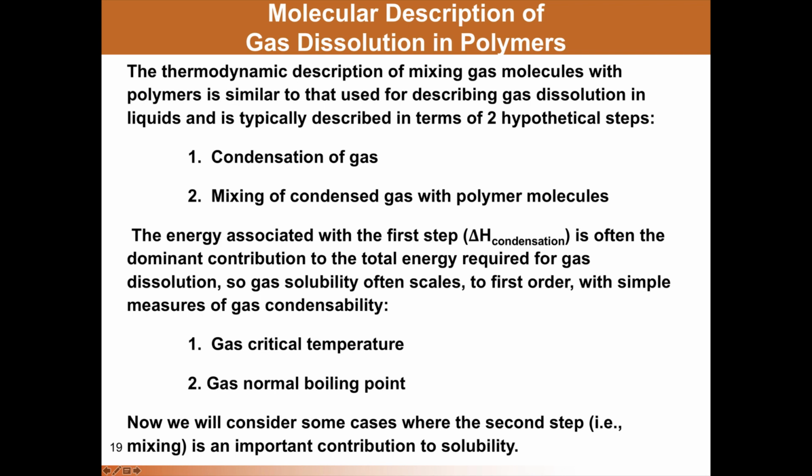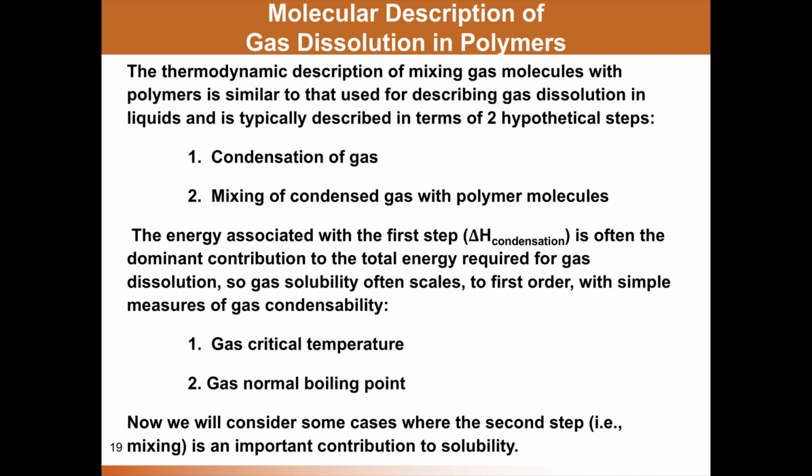Now, this is the situation in the vast majority of cases, but it's not the end of the story. There are cases where one can make the second step more important, and then use that to show deviations in solubility away from the trend lines that we saw a moment ago.